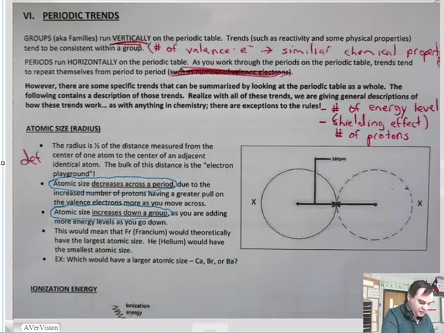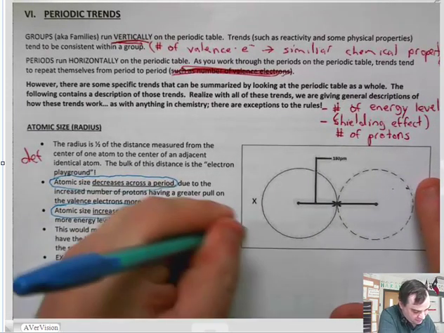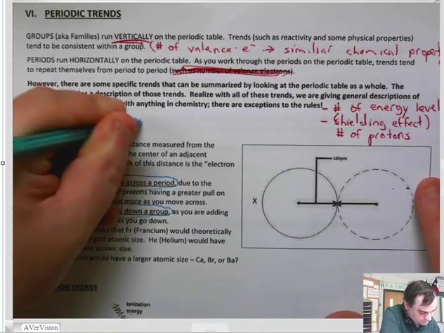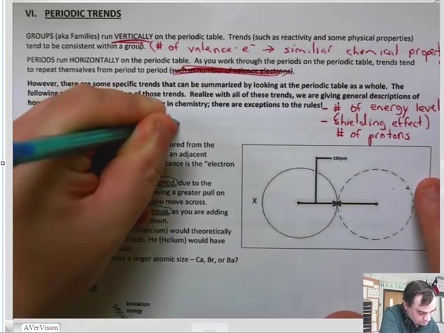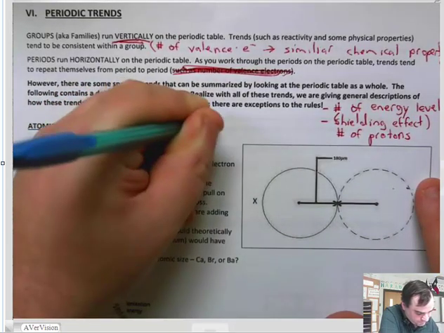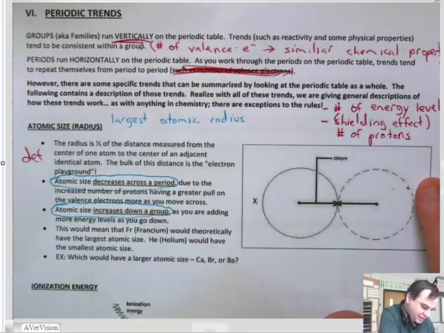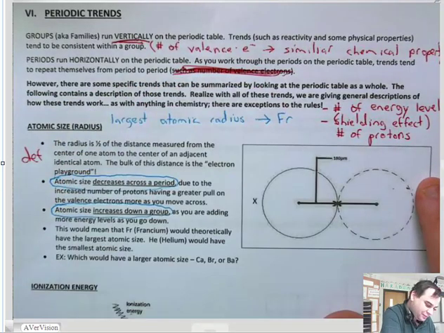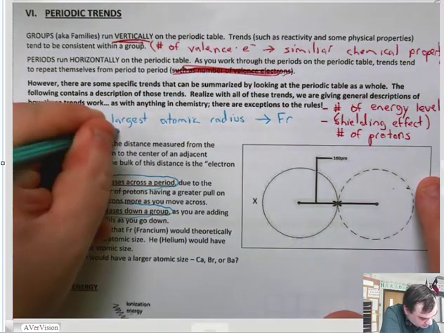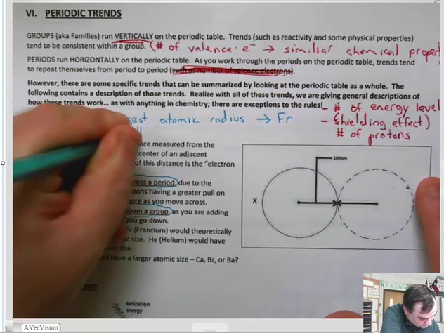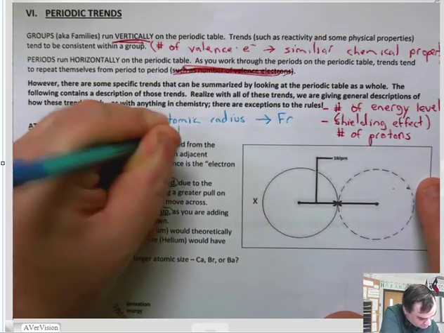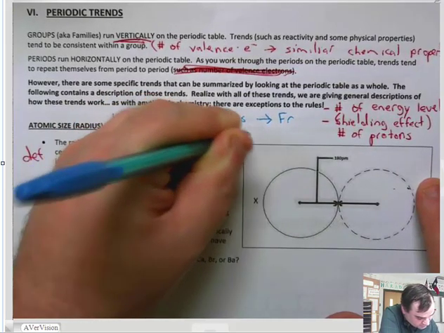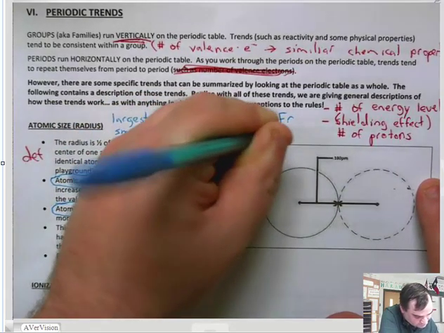Okay? So if you're looking for a pattern here, the largest atomic radius, if you're considering all the atoms on the periodic table, will be Fr, which is called francium. The smallest atomic radius is helium.